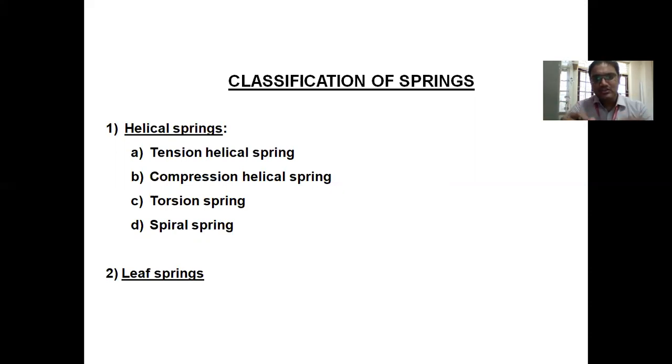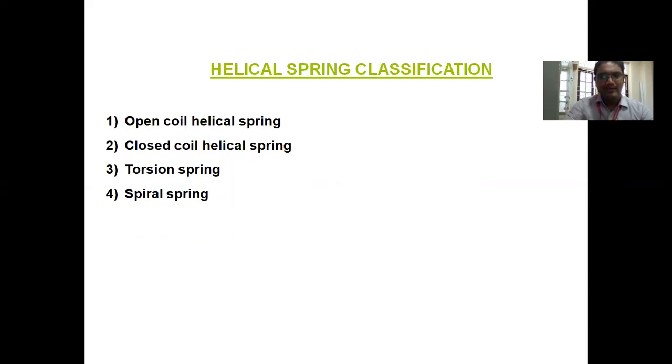The applications of these springs were already covered in lecture video 1. If you want, you can go through the video again, where you can find a number of applications for springs. Let me give a brief on springs.